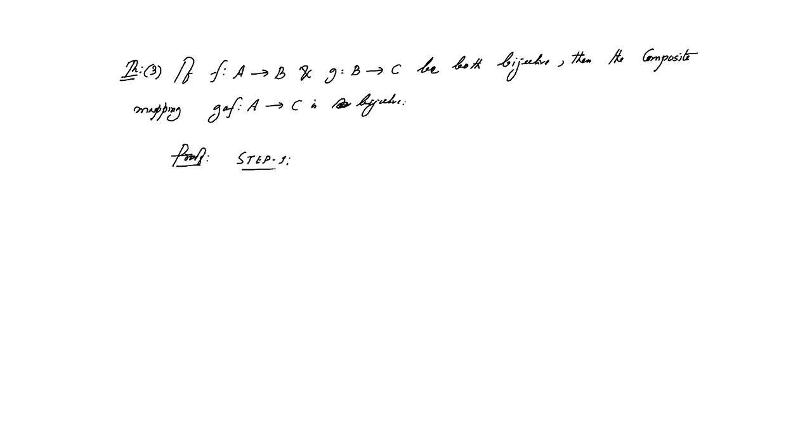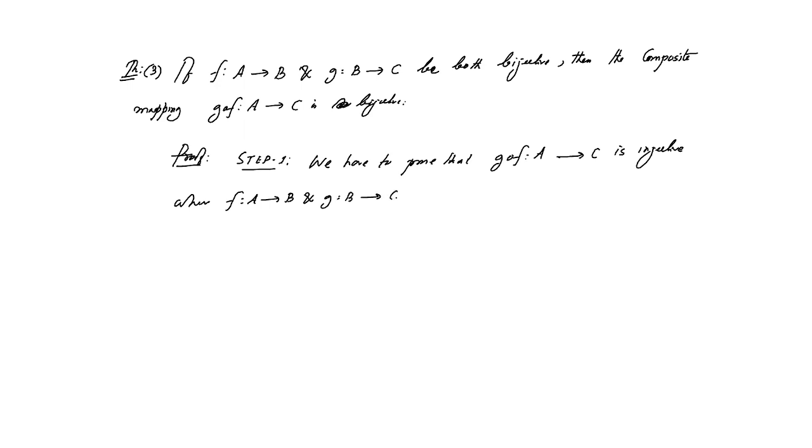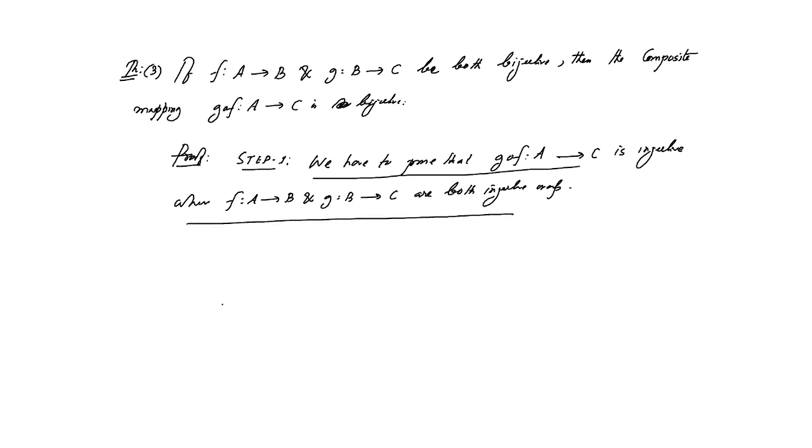Step 1: if f: A to B and g: B to C both are injective, first we have to prove that g composed f: A to C is injective, where f and g are both injective maps. This we have already done. So this is your assignment, you will do it.